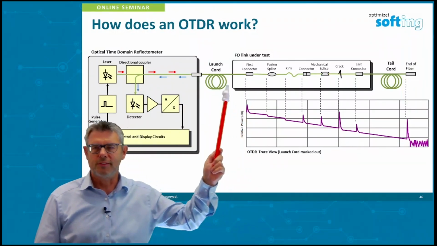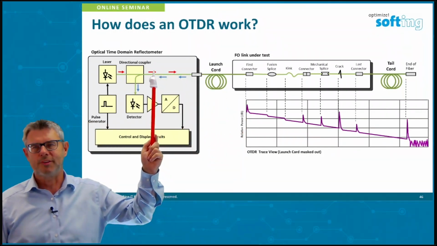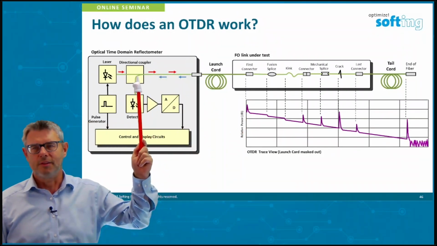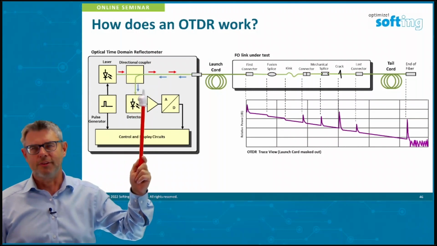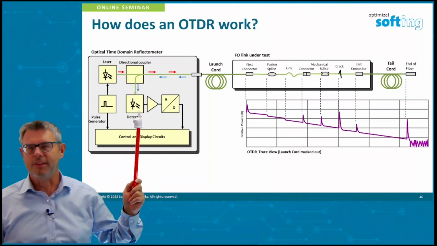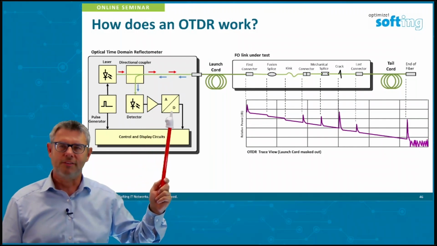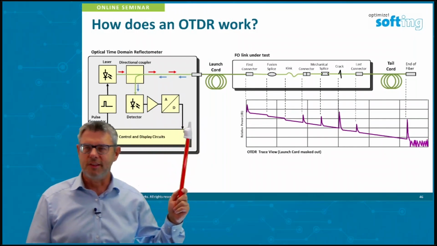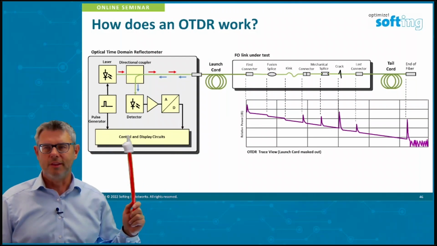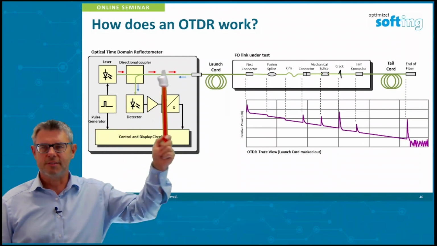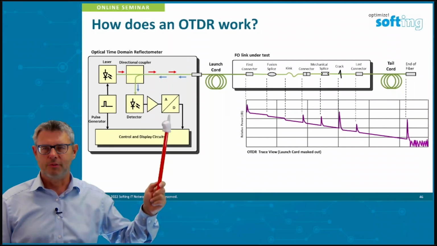And the reflections coming back into the same port where we transmitted the signals are turned here into the detector through this coupler, and the detector is amplifying the signals, converting the signals, and here's a logic in the instrument that is combining the sent pulses with the timing of the received pulses.